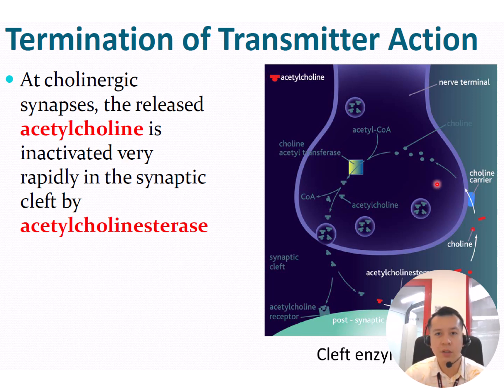At the cholinergic synapses, we have acetylcholinesterase. When we have an enzyme like this, it ends with the "ase" suffix. This acetylcholinesterase rapidly breaks down the acetylcholine into acetate and choline as well, right at this particular cleft.